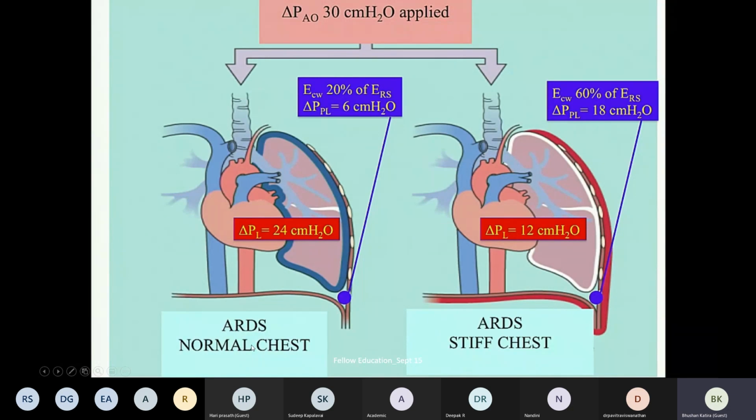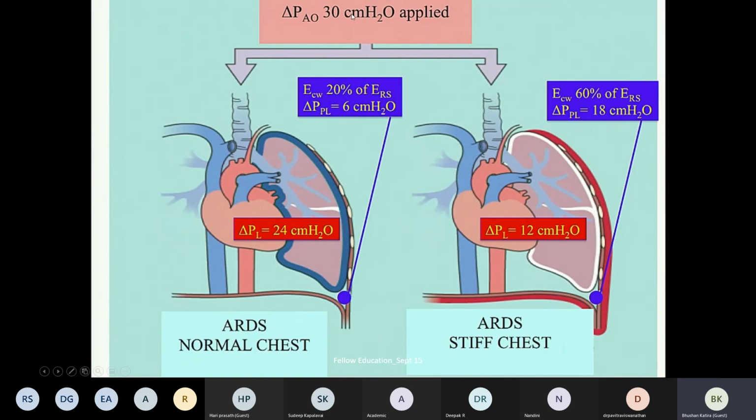This is a normal chest in an ARDS, which says that what you do here largely goes to the lung, and therefore limiting here is important. Contrast this with a stiffer chest, a lot of fluid overload, pancreatitis, abdominal distension, etc., and you have a driving chest wall pressure of 18 centimeters, or 60% contribution to elastance of the respiratory system.